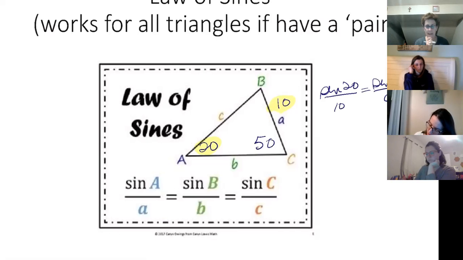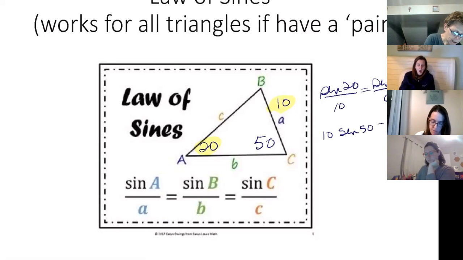Little c is the side that's missing. So you have a fraction equal to a fraction, so you're going to do your cross products. 10 times the sine of 50 equals c times the sine of 20. Your desire is to get c isolated, so divide.